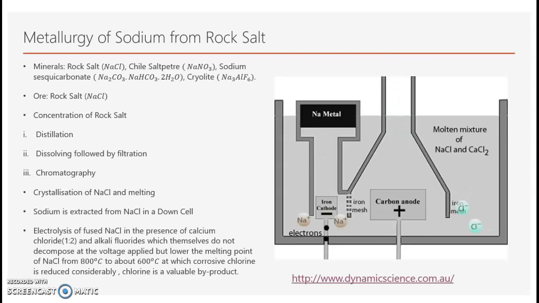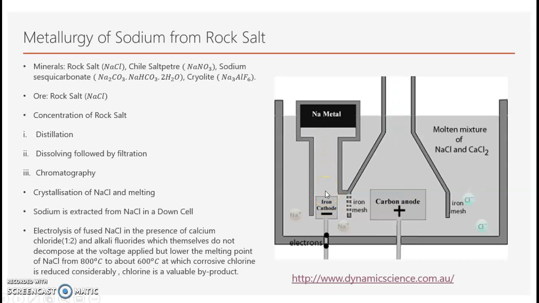This is the typical representation of the Downs cell. Here you can see the electrolyte is the molten mixture of sodium chloride and calcium chloride in the ratio 1:2. Iron is used as the cathode and carbon graphite rod is used as the anode.